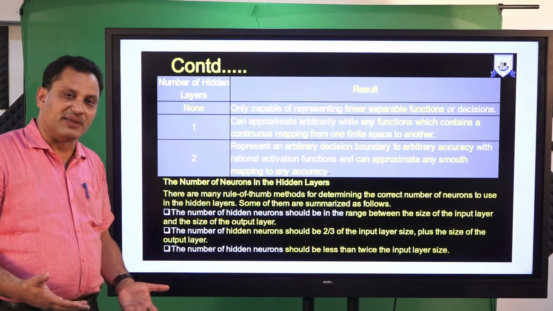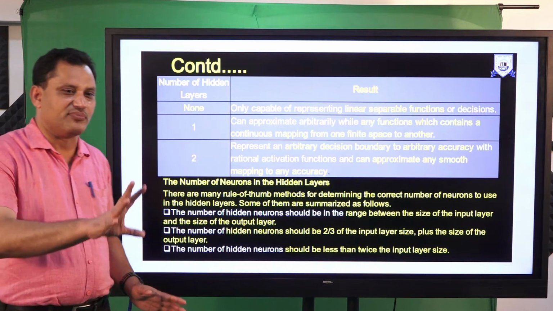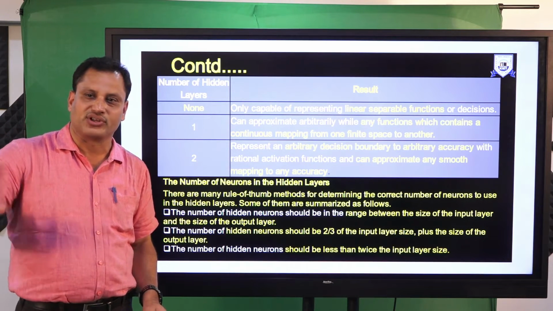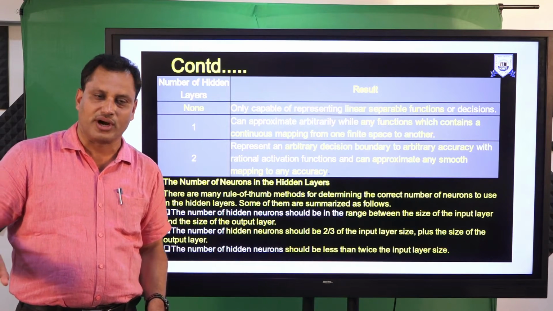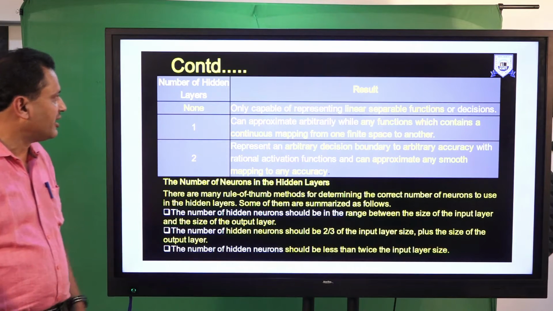I am not saying that any mathematical formula is there. We cannot say that for this kind of problem 5 hidden layers are required, or for this kind of problem 2 hidden layers are required. So there is no mathematical formula available to decide the number of hidden layers.